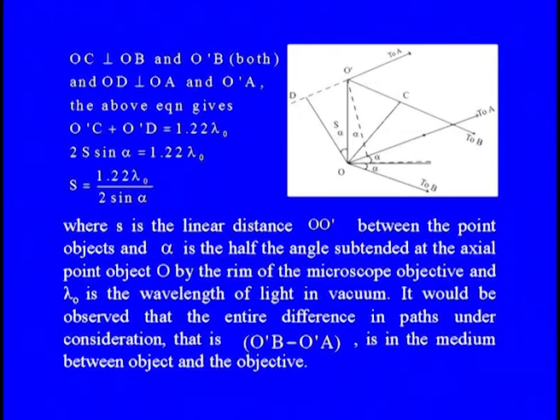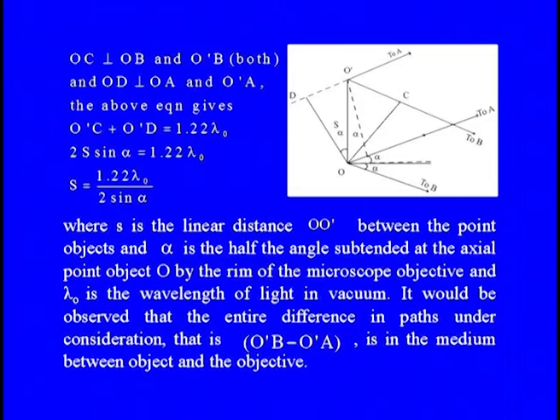So, S will be equal to 1.22 lambda upon 2 sin alpha, where S is the linear distance OO prime between the point objects, alpha is half the angle subtended at the axial point object O by the rim of the microscope objective, and lambda is the wavelength of light in vacuum.